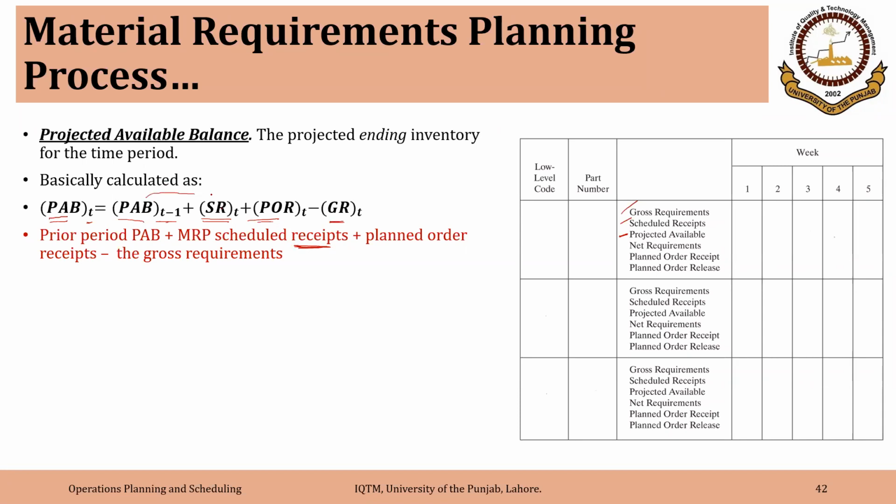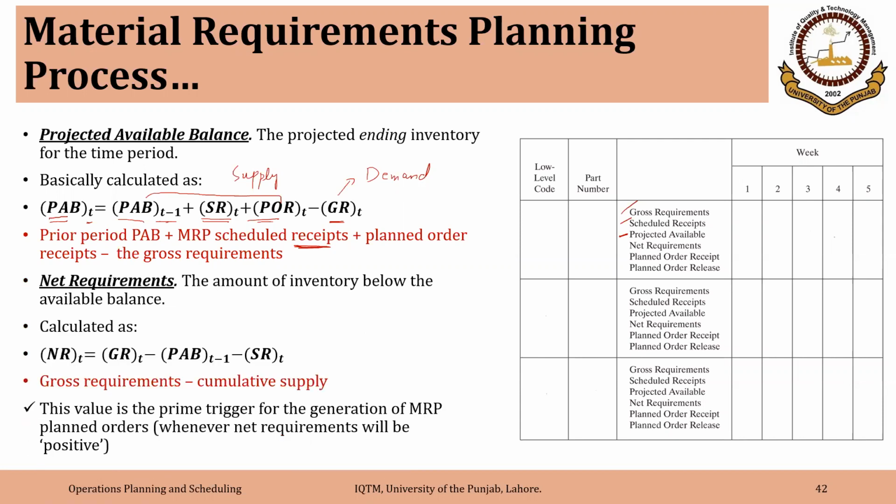All these 3 quantities show the supply, and this shows the demand. Supply consists of the previous period's inventory plus whatever you are receiving in this period in the form of scheduled receipts or planned order receipts. The demand is the gross requirements.